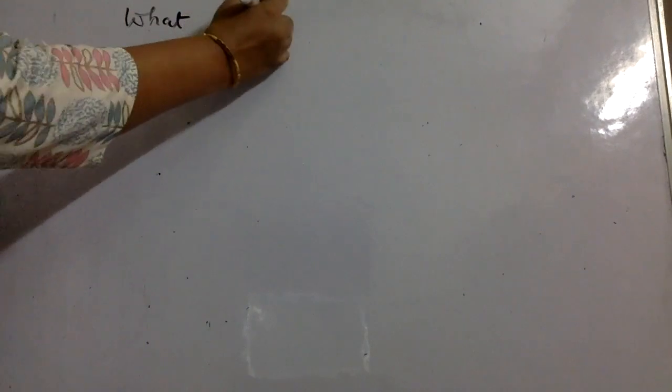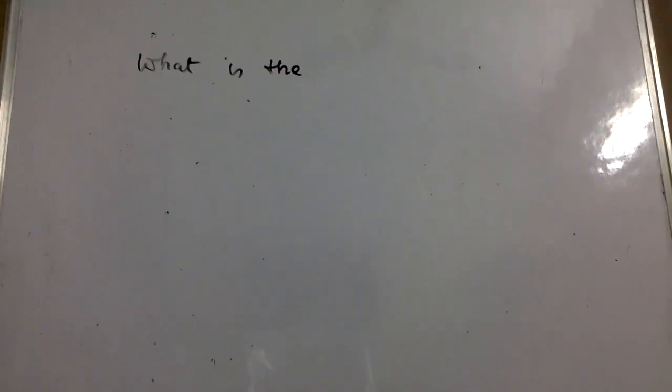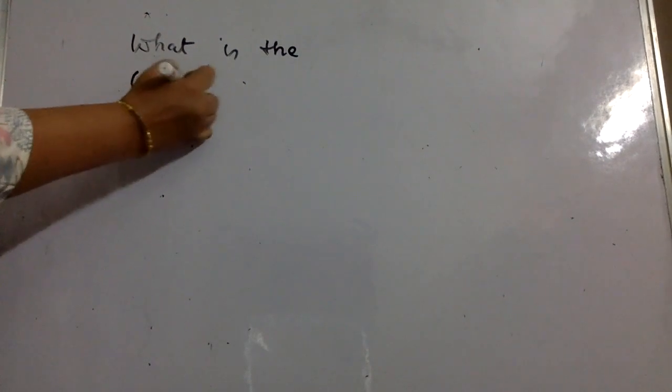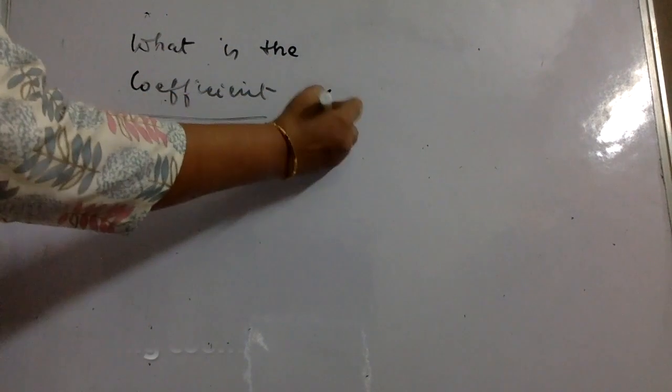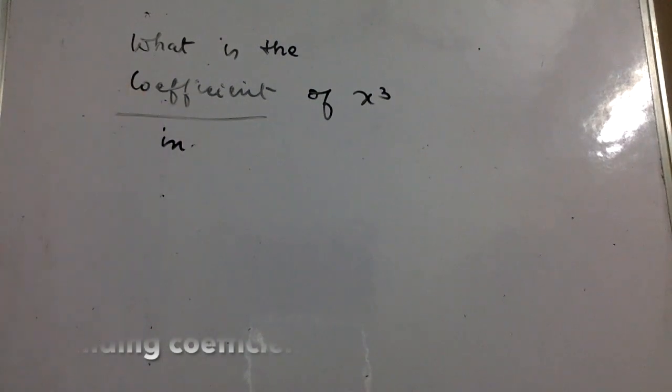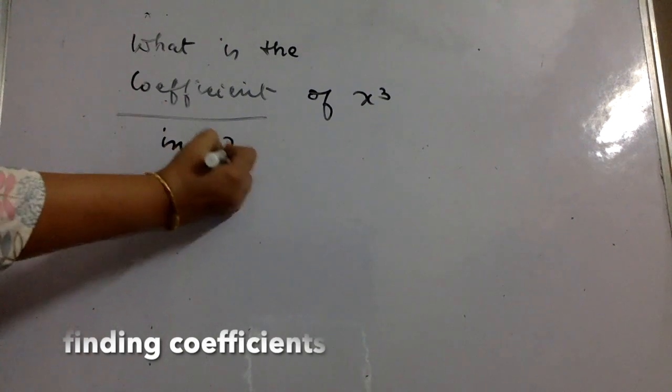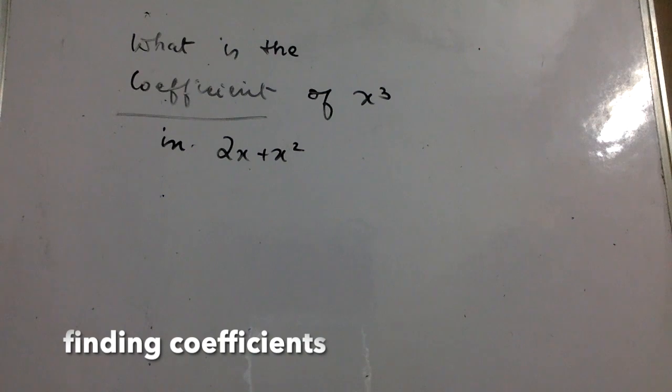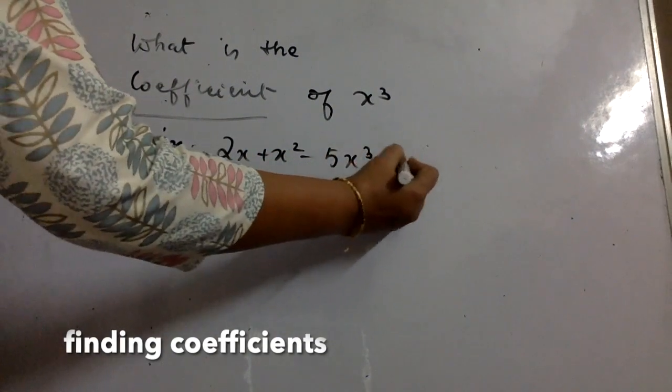Okay. So, just one more question we need to do. What is the coefficient of x cube in this polynomial? 2x plus x square minus 5x cube plus x to the power 4.